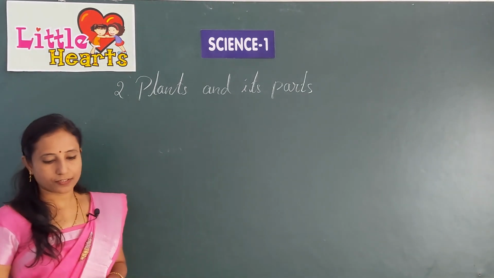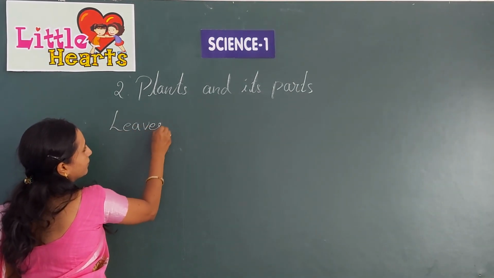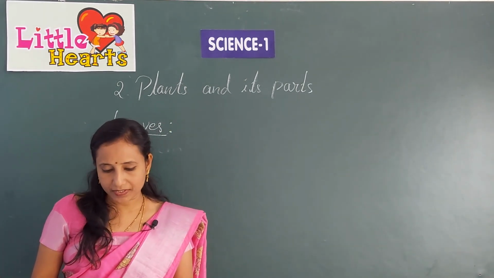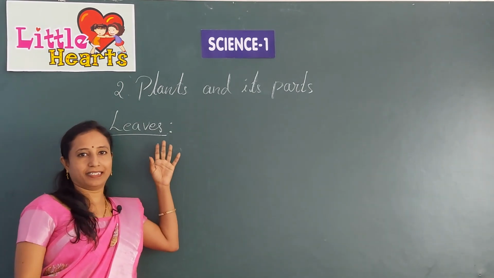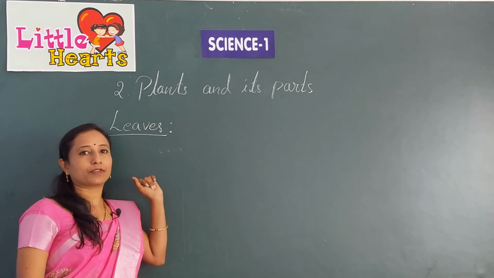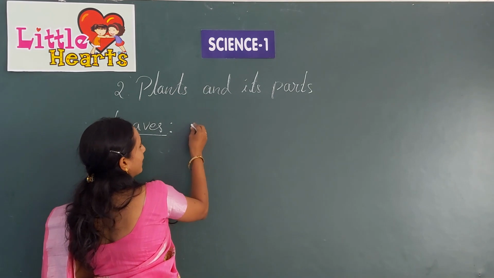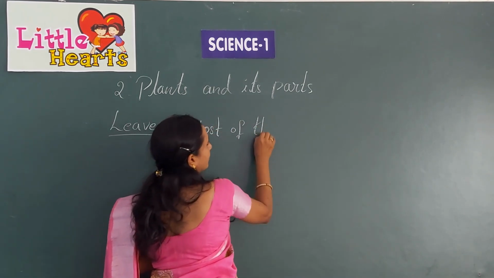Next topic is leaves. When you look at a plant, every plant has leaves, isn't it? So what is the color of the leaves? Most of the plants have leaves which are green in color.